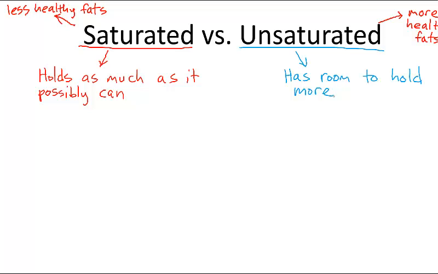So to go with the business analogy, if you say the market is already saturated, that means you're going to have a hard time selling the thing you want to sell because everyone already has one. Whereas if it's an unsaturated market, that means you can find people who don't have it to sell it to.